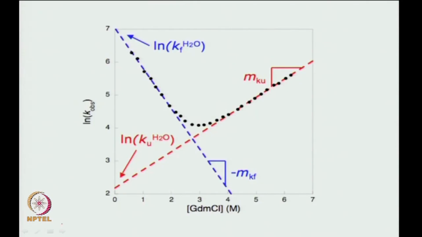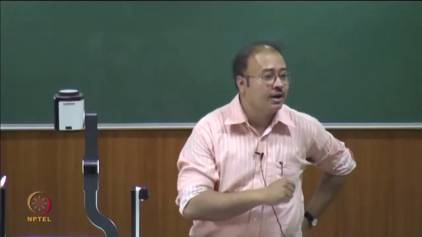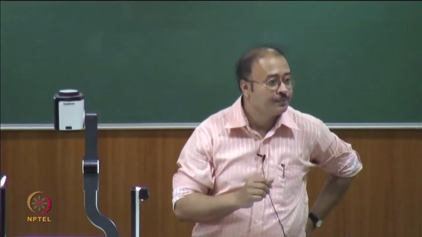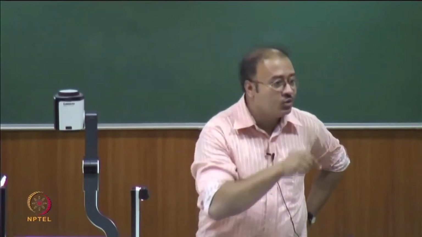And this is the beauty of the chevron plot. Remember, when the protein is 50% unfolded, that means when you are at your Tm or Cm, let us talk about Cm, what happens to K equilibrium? It is 1. Whether you are talking about folding or unfolding does not matter, K equilibrium will be equal to 1.